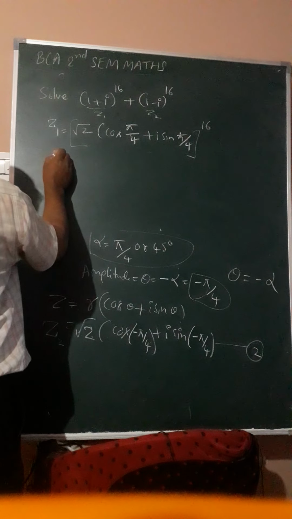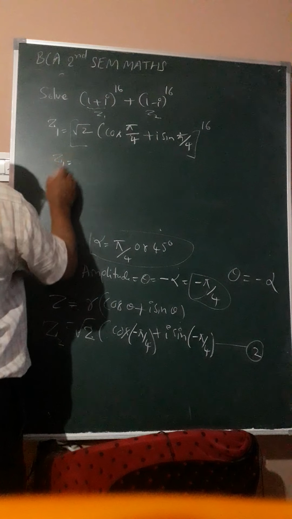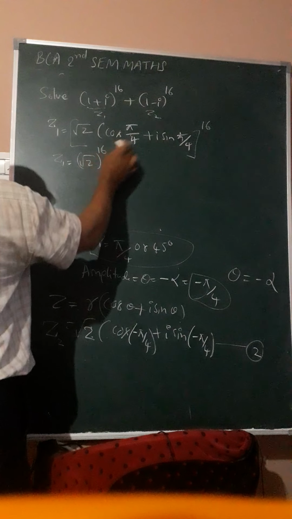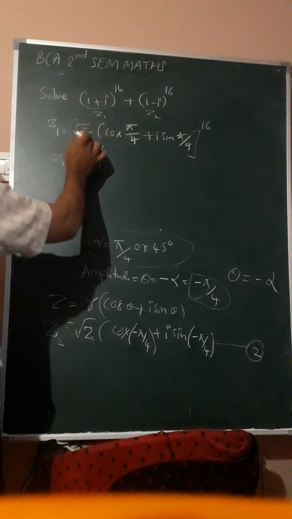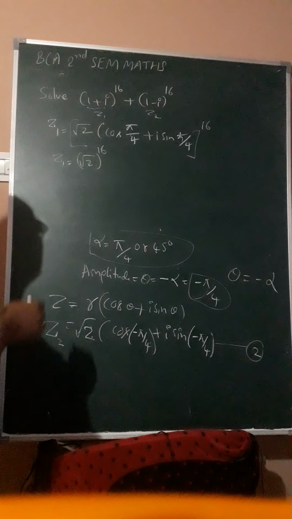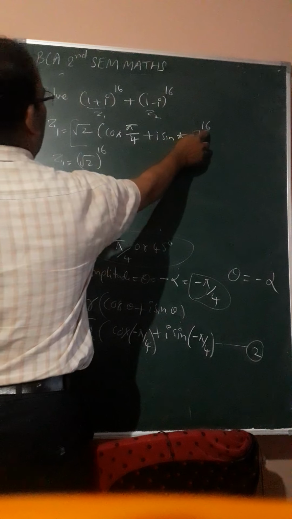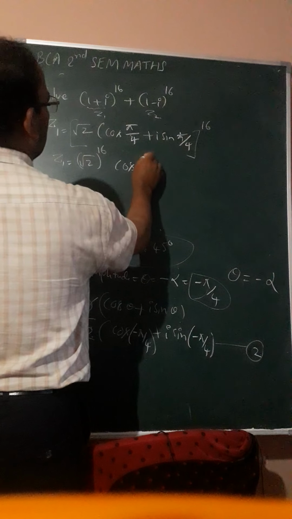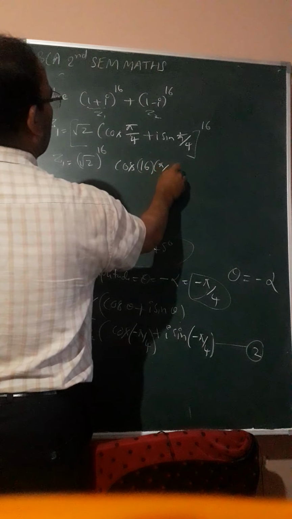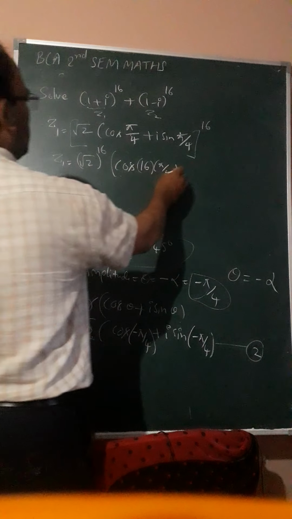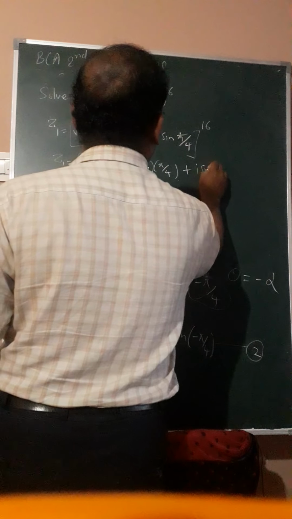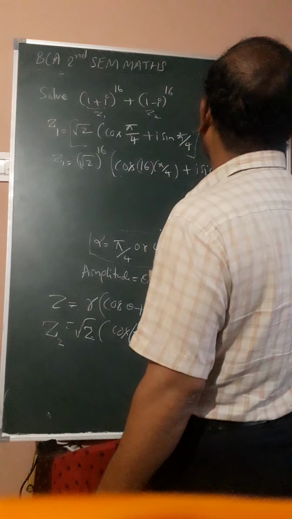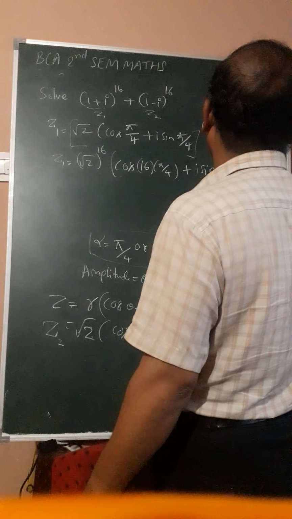Now it is root 2 to the power of 16. Take the power on root 2, and the power 16 will multiply into the angle: cos of 16 into pi by 4 plus i sin of 16 into pi by 4.